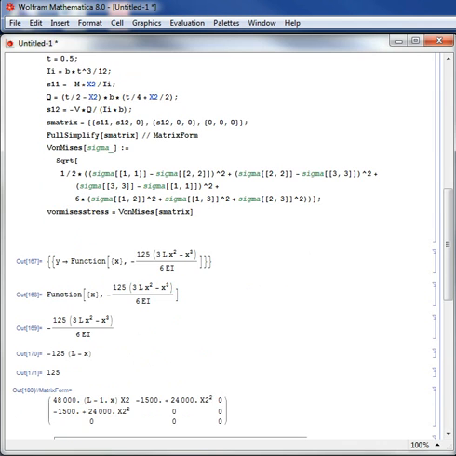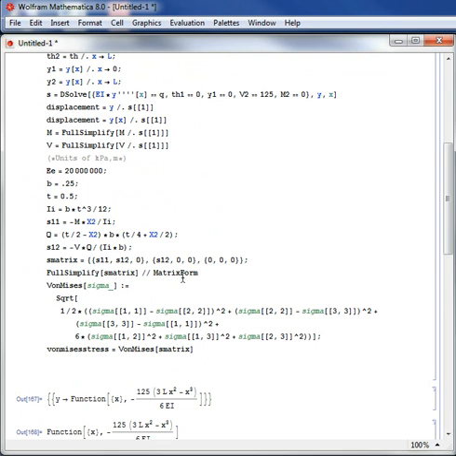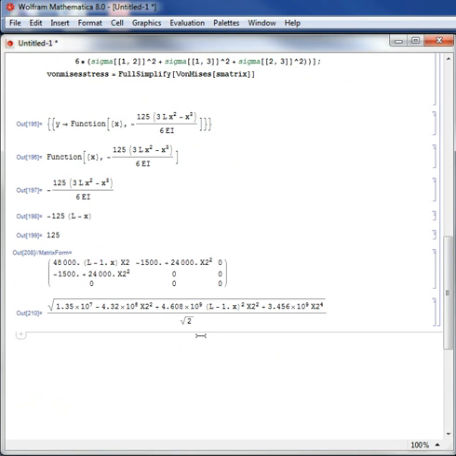Shift enter, and you get that the von Mises stress is equal to this, and you can utilize FullSimplify if you want. And you get this.